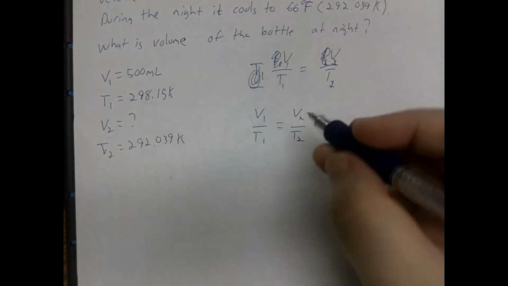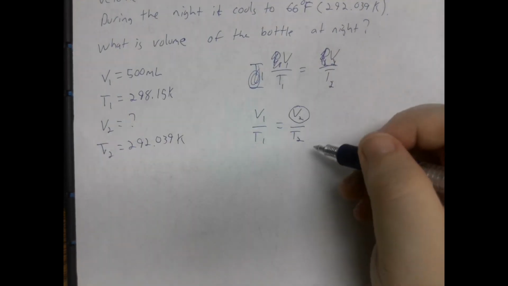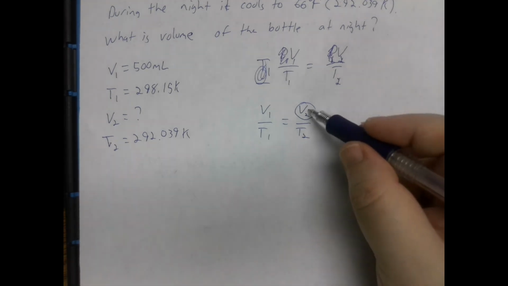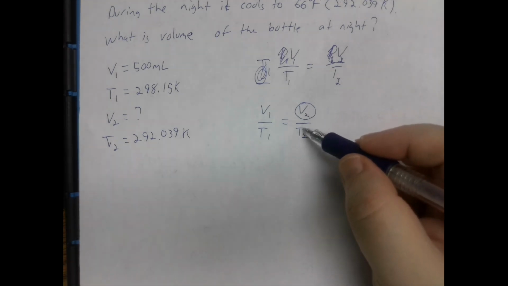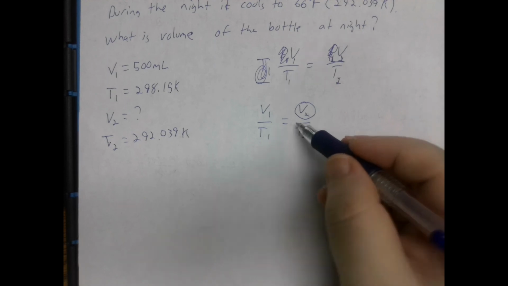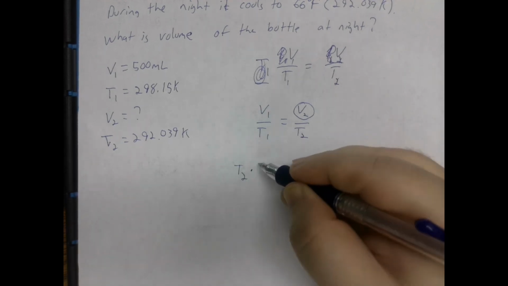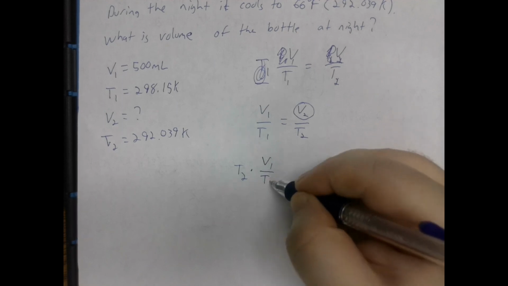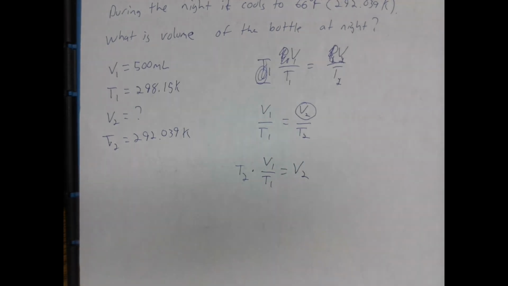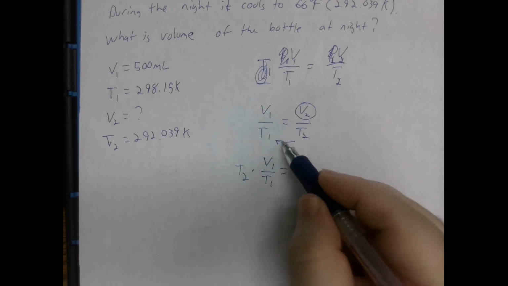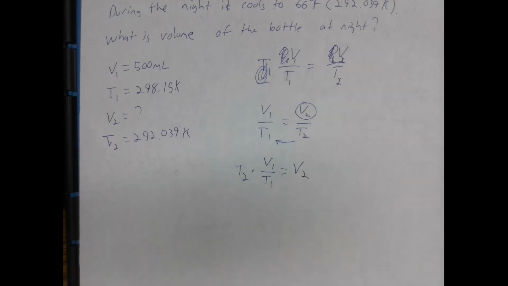So we're solving for final volume. Final volume is being divided by T2, so to move T2 to the other side, we do the opposite of division, which is multiplication.